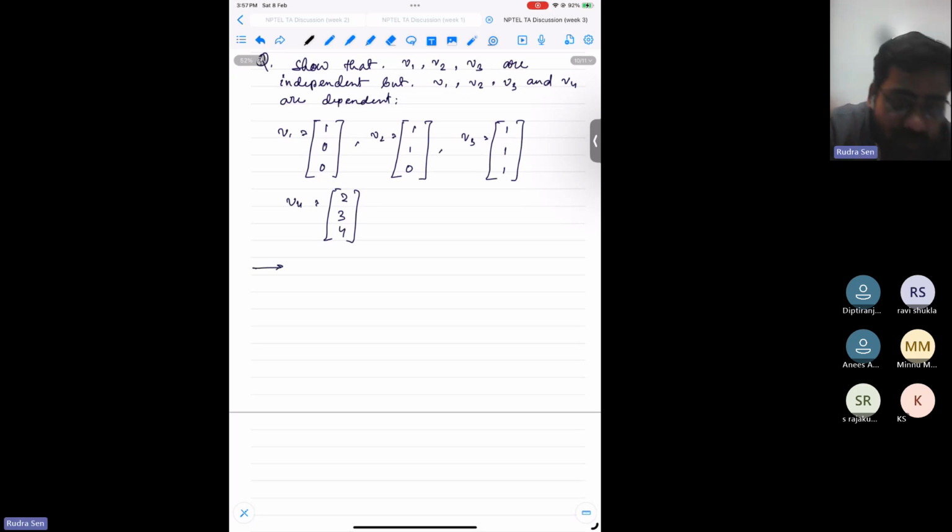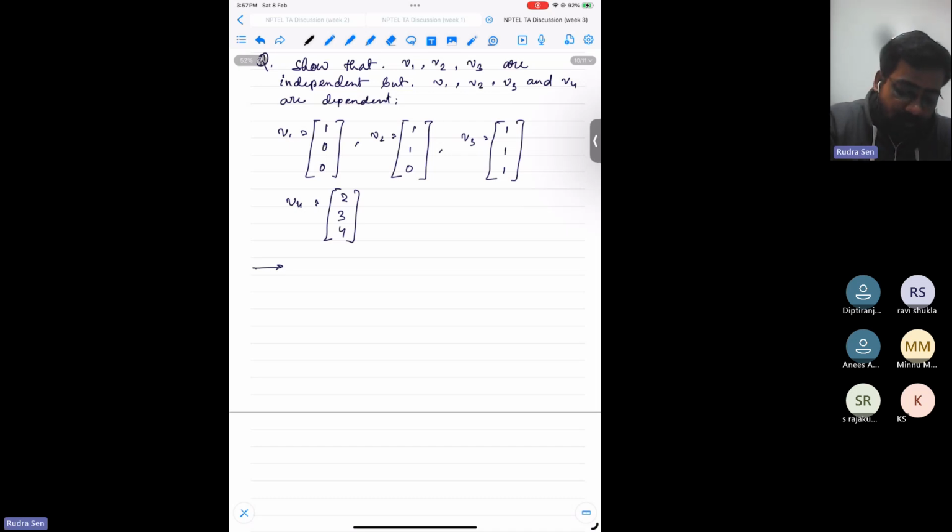First we have to consider three vectors V1, V2 and V3, and check whether these three vectors are linearly independent or not. Then we have to check that if we add another vector to those three, whether the whole set V1, V2, V3, V4 is linearly independent or not.